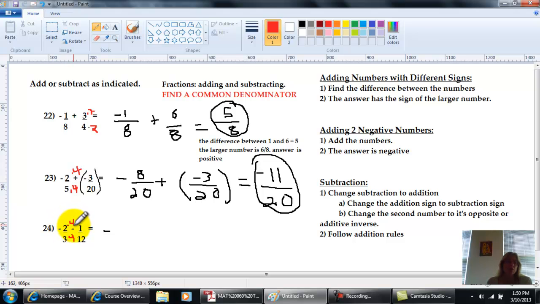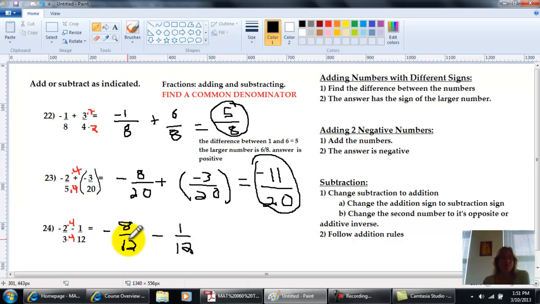It's the only way it works. I'm using a dot for multiplication. And that gives us our new fraction: 3 times 4 is 12, and 2 times 4 is 8. Negative, so that just stayed in place, negative 8/12. And it's minus, try not to get lost in there, 1/12.